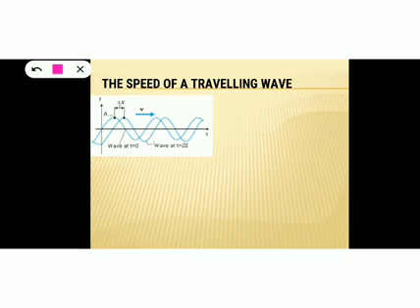It is represented by y = A sin(kx - ωt + φ), because we had already studied the expression for a wave traveling along the x direction. And what is that expression? It is y = A sin(kx - ωt + φ). This is the wave equation.